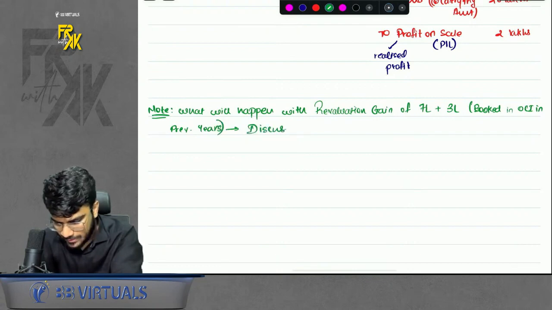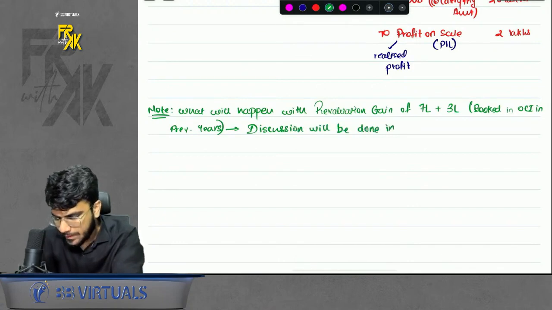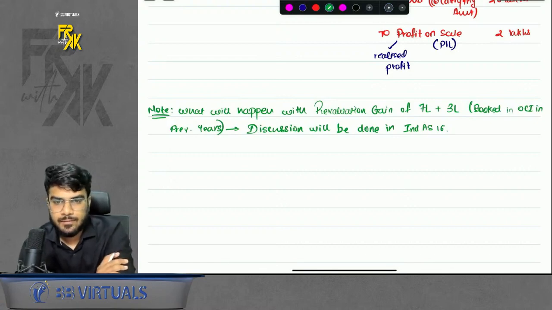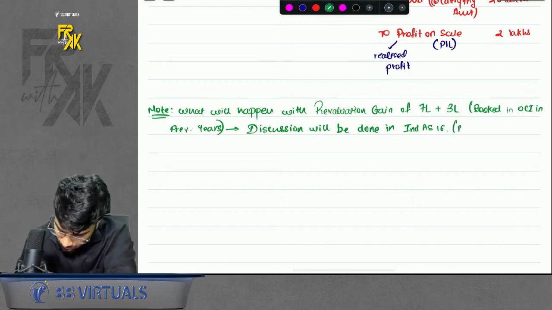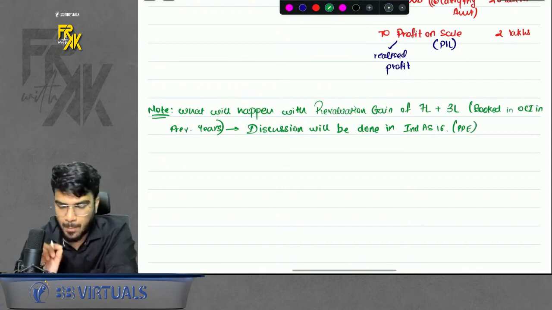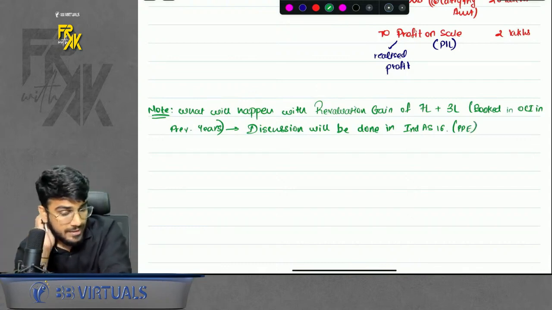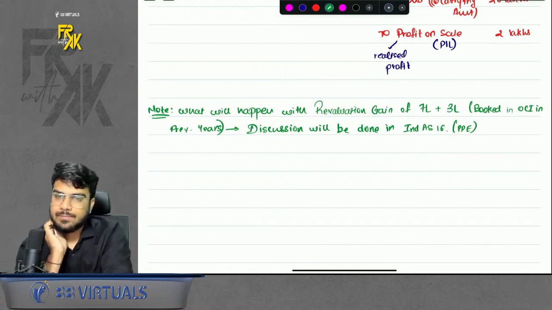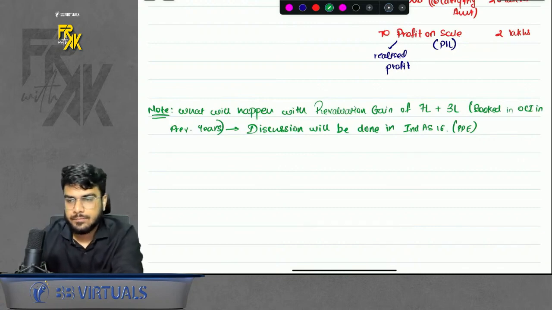Just write that the discussion will be done in Ind AS 16, PPE. PPE means property, plant, equipment. We will discuss in the respective Ind AS. Is this absolutely clear to everyone, guys?